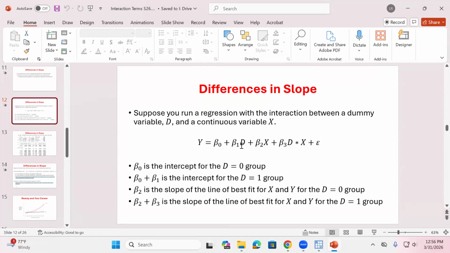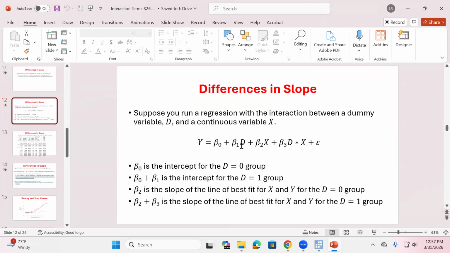Well, the problem is it now has this starting point where we shift my line of best fit. But it will also shift that line of best fit differently for different values of that continuous variable.